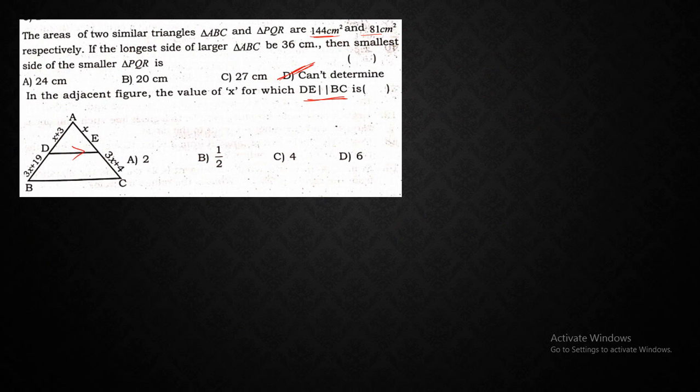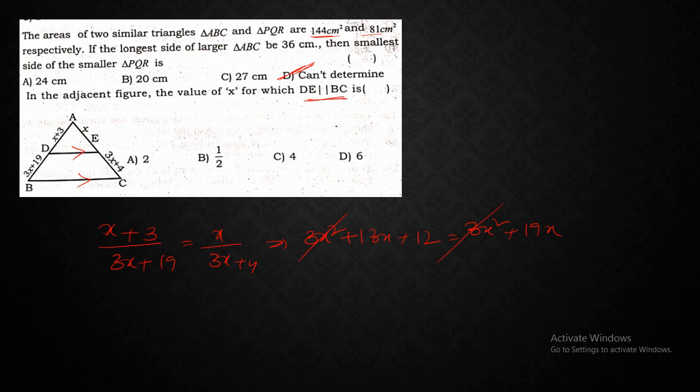What has he given? DE is parallel to BC. So you can directly apply Thales theorem. So x plus 3 by 3x plus 19 is equal to x by 3x plus 4. When I do cross multiplication, this gives me 3x square. x into 4 is 4x, 3 into 3x is 9x, 9 plus 4 is 13x, plus 4 threes are 12, is equal to 3x square plus 19x.